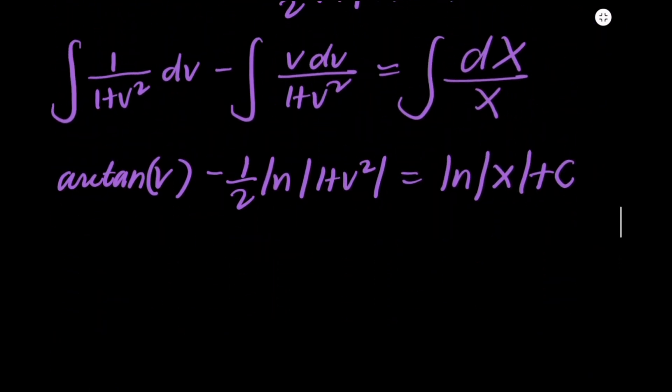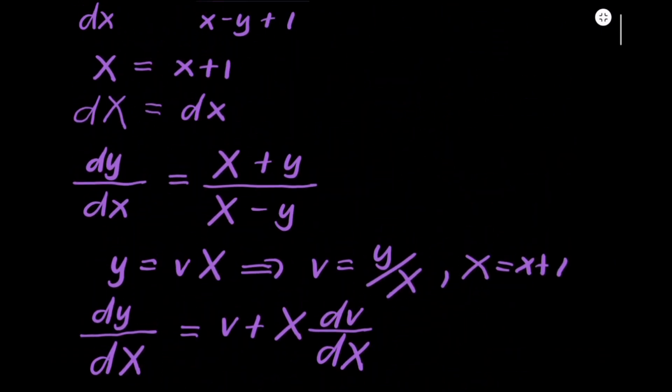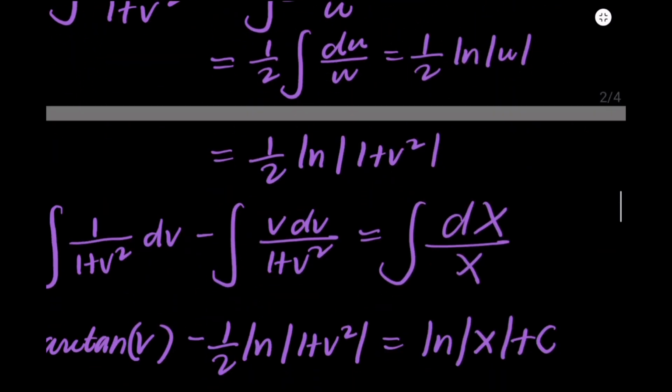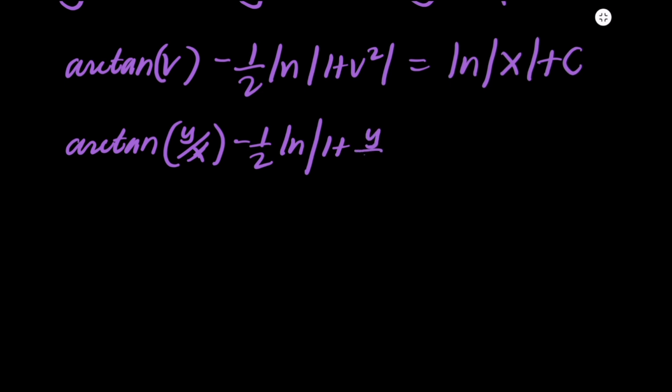our answer would be arctangent. What is v? v is equal to y over X. So arctangent of y over X, that is capital X, minus 1 half ln of 1 plus y over X squared, equals ln of what?